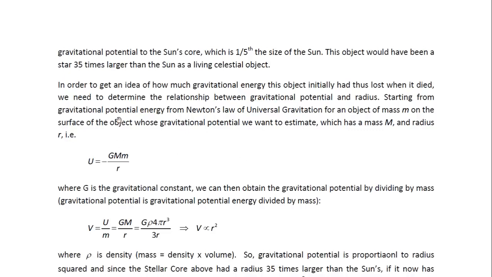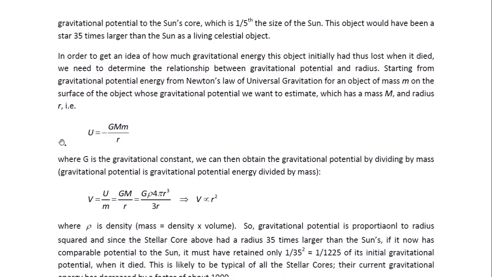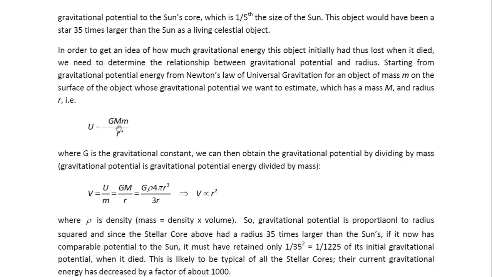And to do that, we'll start with the gravitational potential energy from Newton's law of universal gravitation to figure out what is the relationship between gravitational potential and radius. And here's the equation for gravitational potential energy. G is the gravitational constant.